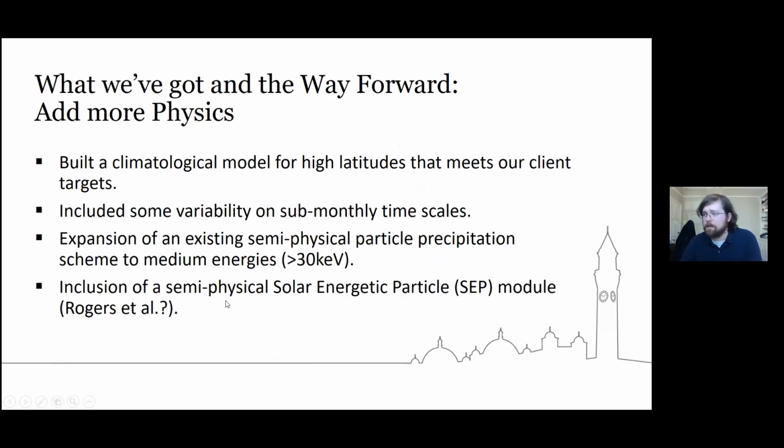And that's something that we're actively trying to pursue, even these higher energy precipitation effects that affect absorption in the D region. These are all things that we'd really like to pursue, and that's the direction we're going in. Now that we've dealt with the larger ionospheric electron density side of things, we're trying to focus more on the absorption side in the D region.